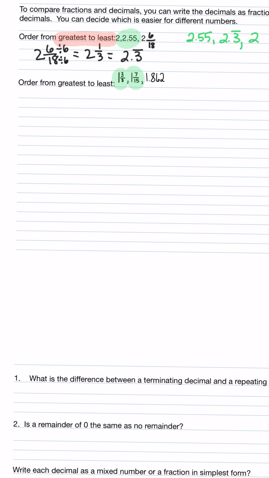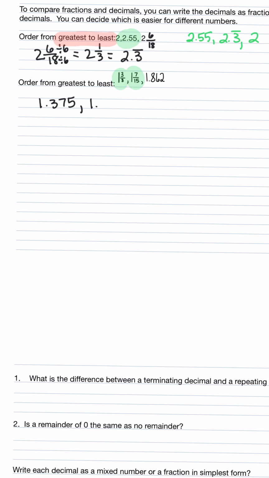Okay, so if we take the first one, 1 3/8, and divide the denominator into the numerator, so 3 divided by 8, it equals 1.375.